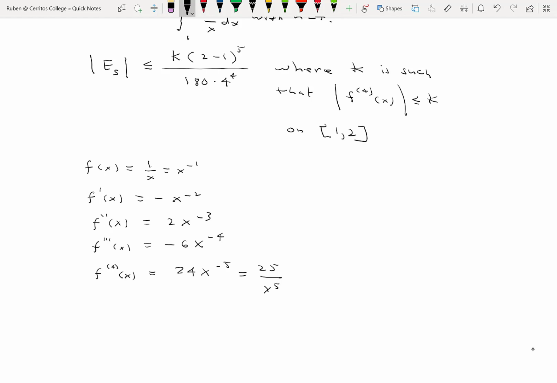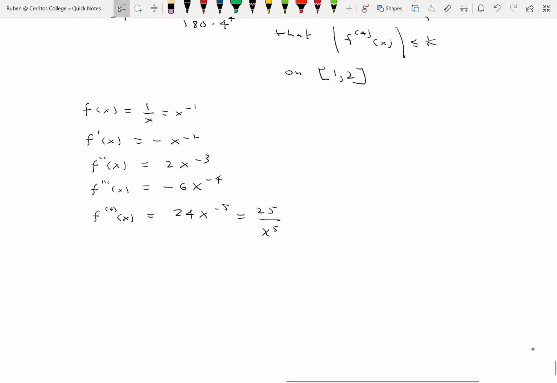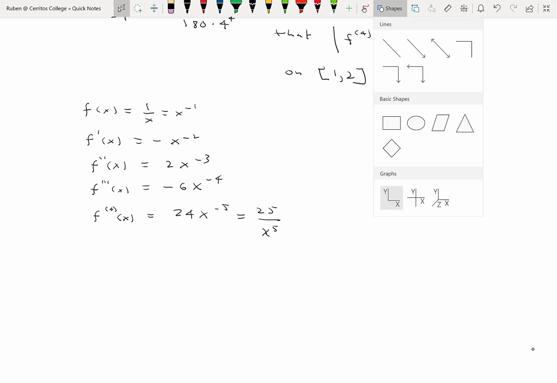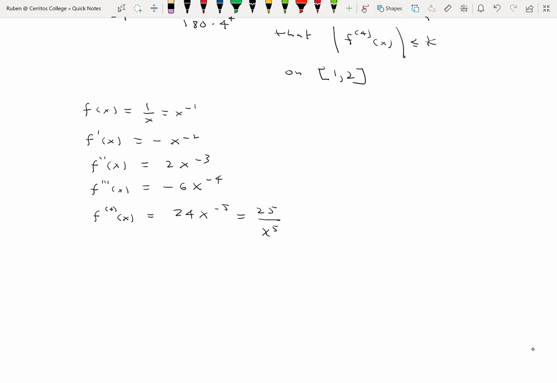Now, that 24 over x to the 5th is different from the function we got for the earlier value of k, but it behaves exactly the same way over the interval from 1 to 2. In the interval from 1 to 2, this function is still decreasing.